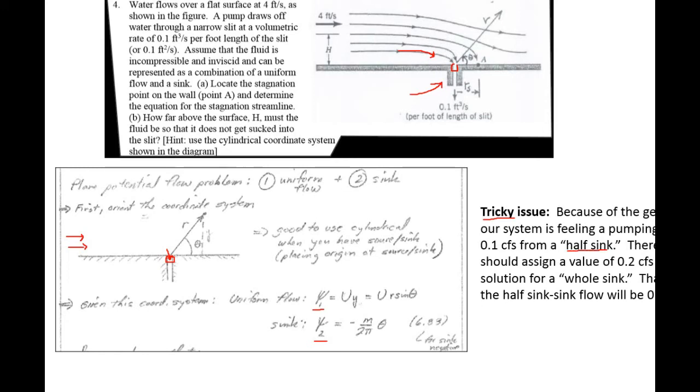The value that's given of 0.1 cubic feet per second is for the half sink. So in order to make it 0.1 cubic feet per second and be a half sink, we should assign 0.2 cubic feet per second to the solution of the whole sink. Then we'll get half of the power over here and half the power over here.